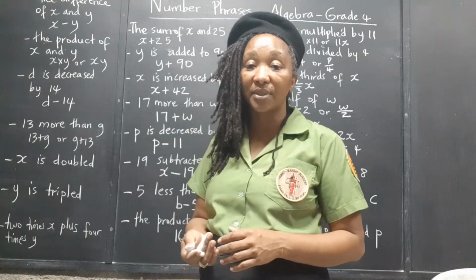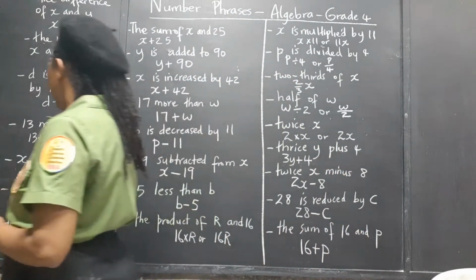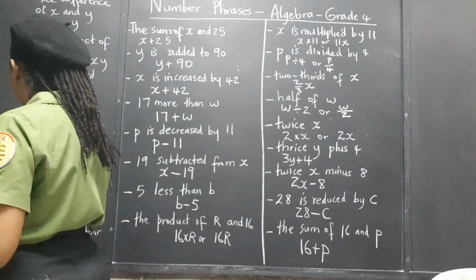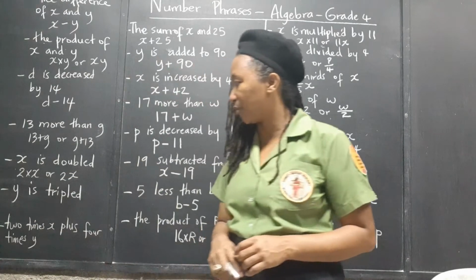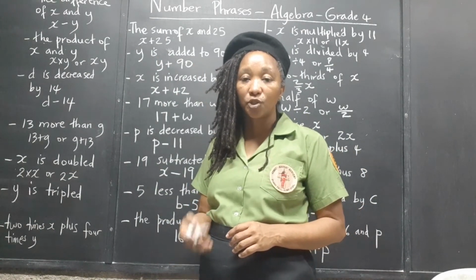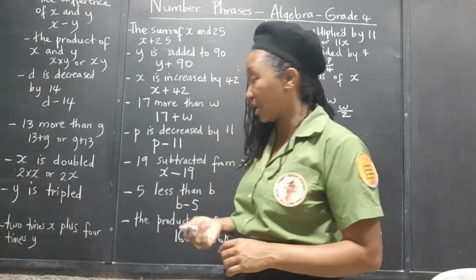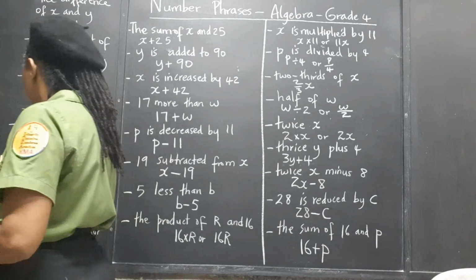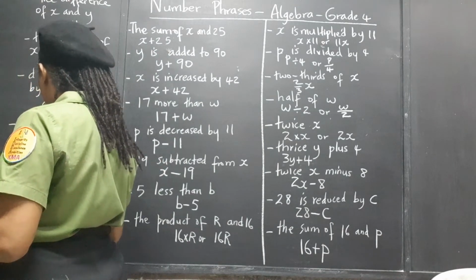To double something means to multiply it by 2. So that would be 2 times x or 2x. Y is tripled. To triple something means to multiply it by 3. So that's 3 times y or 3y.